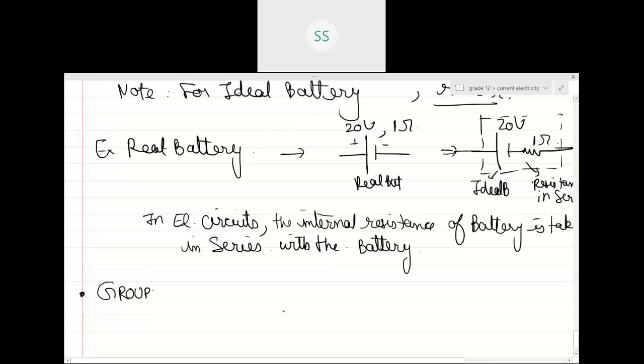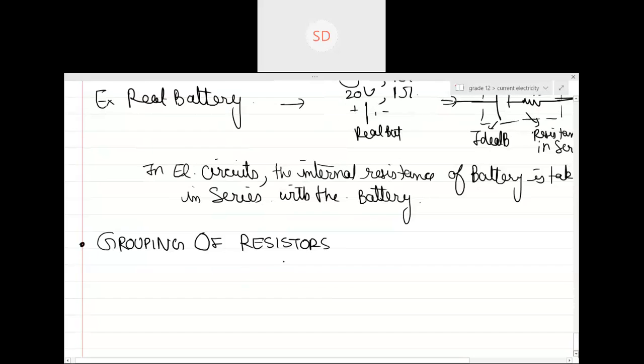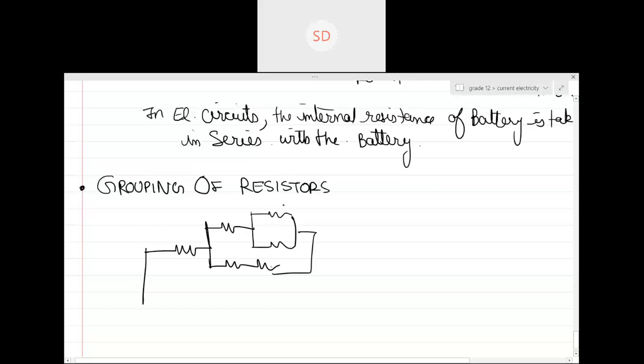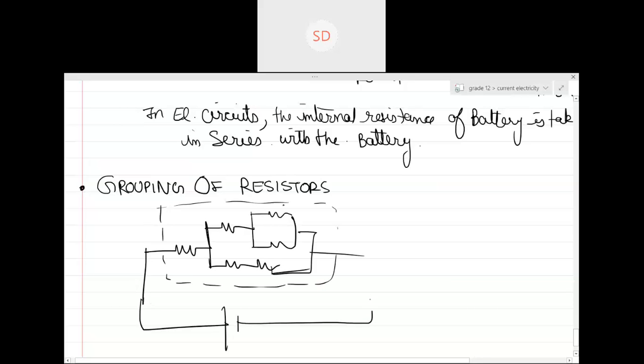There is something called grouping of resistors, which you have already been doing in 10th grade, but I think your teacher never told you what exactly you were doing. Whatever the connection was, you considered the whole thing as equivalent, or told it as a single resistor, the net resistance, if you remember.